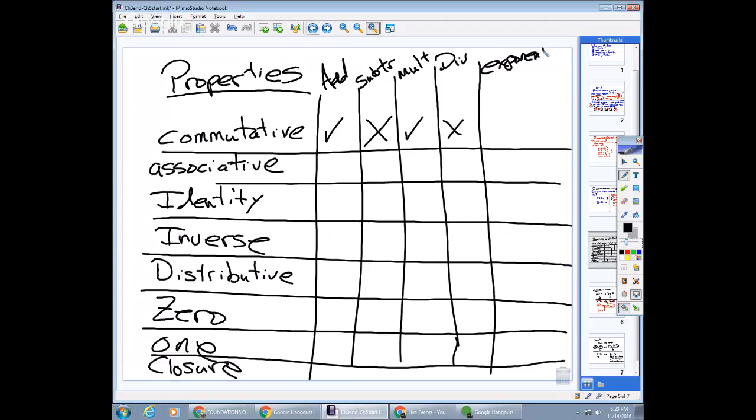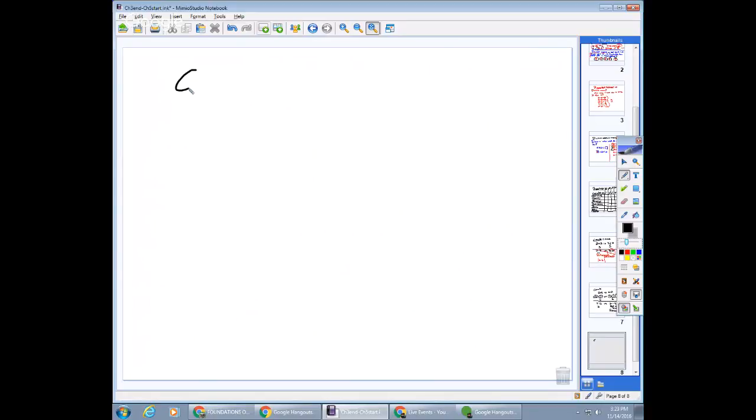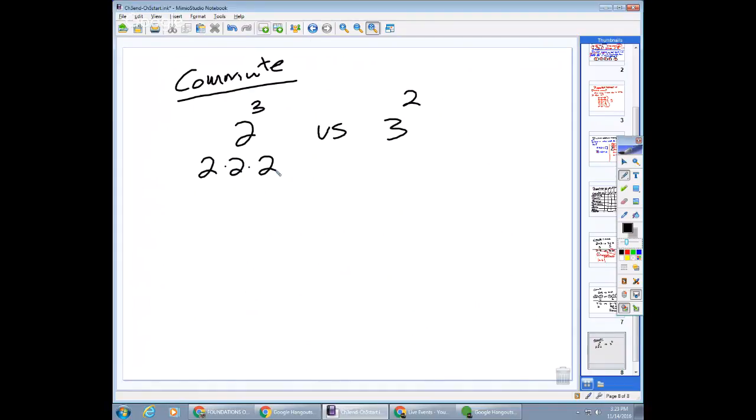Exponents. Are exponents commutative? Interesting, let's take a look. Let's see, like 2 to the 3rd power versus 3 to the 2nd power. Exponents mean repeated multiplication, so that would mean 2 times 2 times 2.